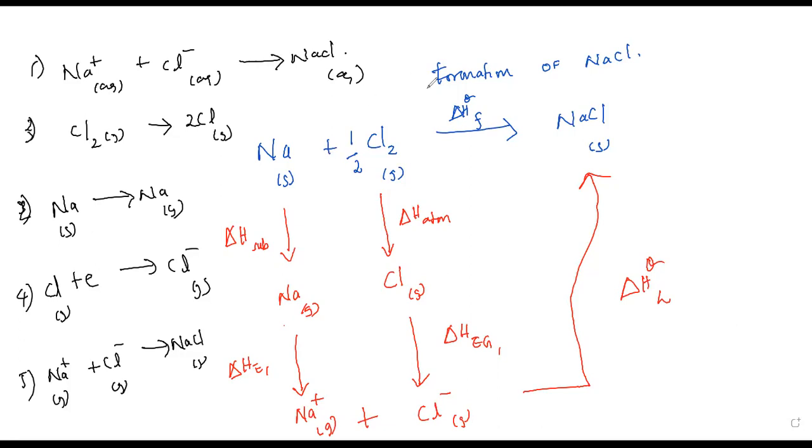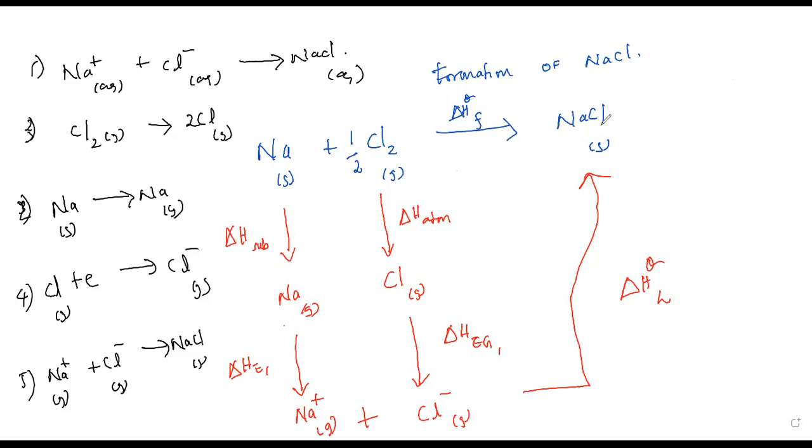So look at this diagram. I will redo this question again tomorrow. Whenever they ask you to construct the Born-Haber cycle for the formation of NaCl, first you have to understand how to draw sodium chloride. It should be the solid formation.